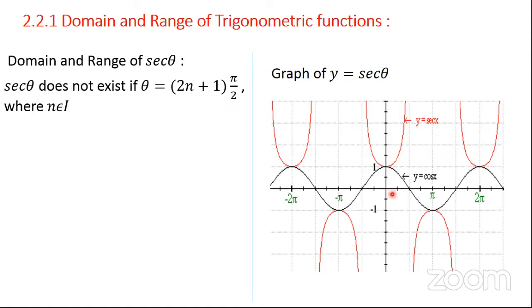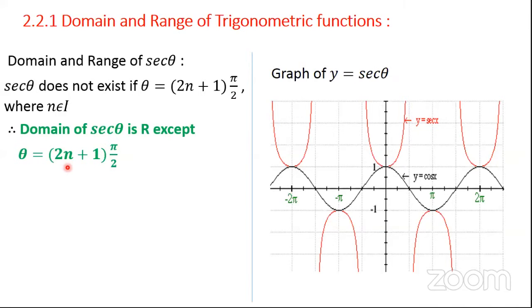It is the same case for negative values also. Therefore, sec theta does not exist if theta is equal to (2n+1) times pi by 2, that is, odd multiples of 90 degree, pi by 2. Therefore, the domain of sec theta is the set of real numbers except theta equal to (2n+1) times pi by 2, because for these values sec theta does not exist. Okay, this is for the domain.